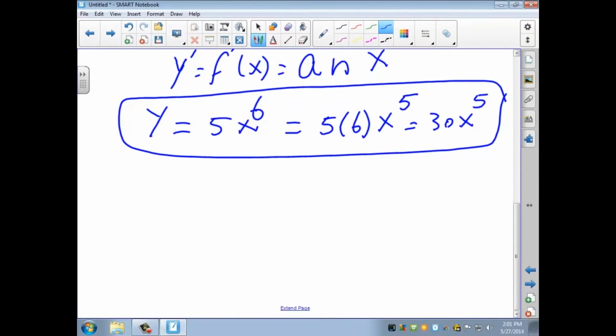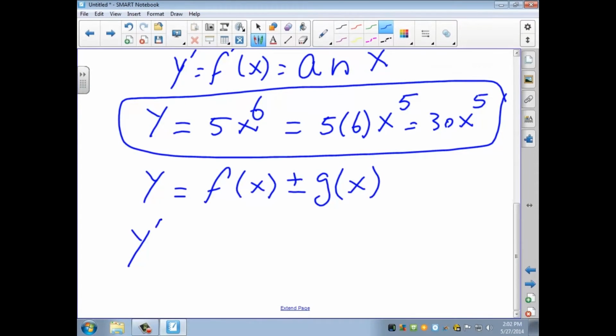Continuing. If y is a combination of two functions added or subtracted from each other, such as f of x plus or minus g of x, then the derivative y prime would be equal to f prime of x plus or minus g prime of x.